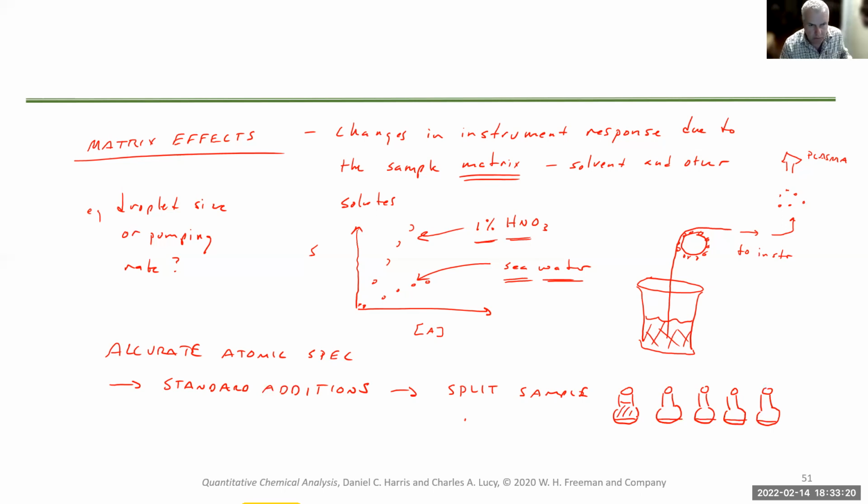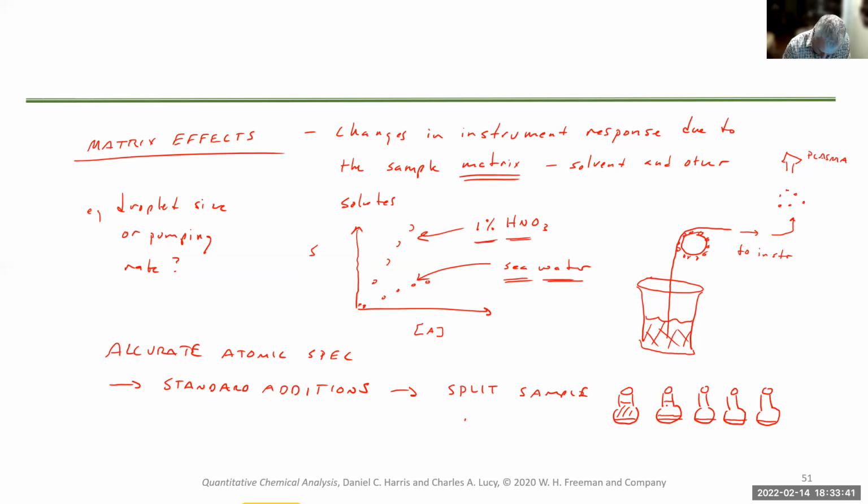So like 1% nitric acid is real common for metals because none of the metals precipitate with nitrate, right? So then to this one, what you do is you spike it with a small amount of standard.